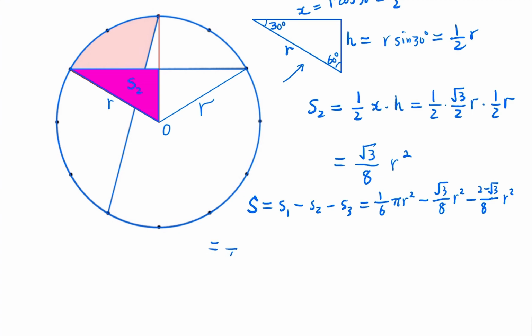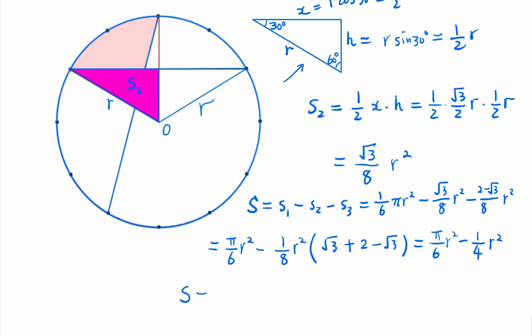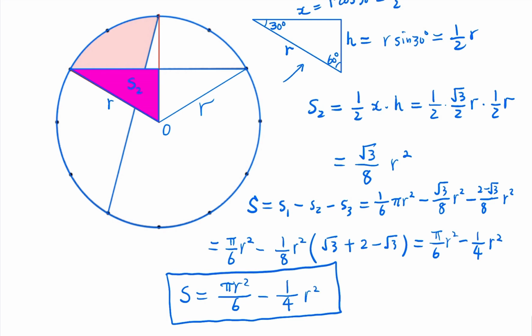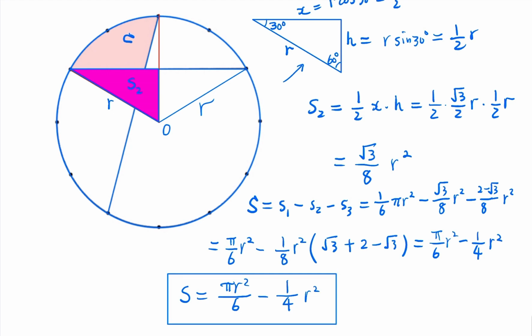That equals pi r squared over 6 minus 1/8 of r squared times the quantity square root of 3 plus 2 minus square root of 3, which is pi r squared over 6 minus 1/4 of r squared. So the final answer is that the shaded area S equals pi r squared over 6 minus 1/4 of r squared.